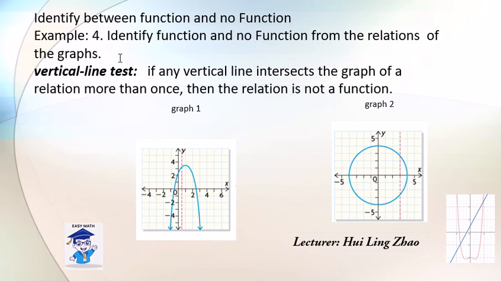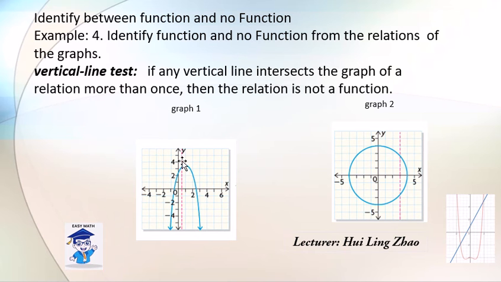And example 4, identify function or not a function for the graph. We can use the vertical line test. Draw a vertical line and check the intersection points. If there is only one, it's a function. If there are 2, it's not a function. Like here, the first graph is a parabola opening down.